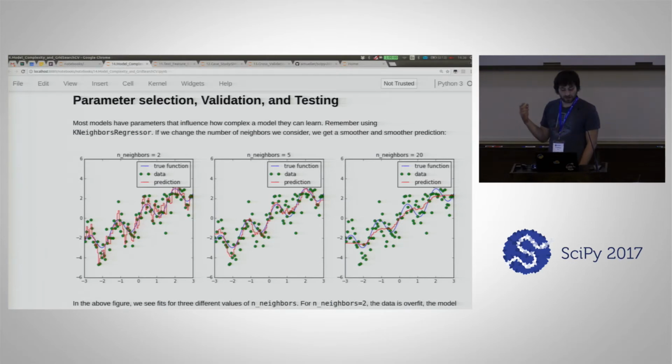If you use 2 neighbors, you get a super wiggly function that is way too noisy, going through nearly all of the training data points. If you use 5 neighbors, you get a function that is pretty smooth and approximates the true function well. And if you use 20 neighbors, we basically smoothed away the periodicity, at least partially, and are left mostly with the overall trend.